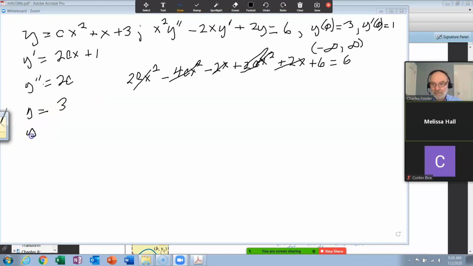Let's do our y prime at 0: 2 times c times 0 would be 0, plus 1, that would be 1. That works. It looks like everything works like a charm. It does appear that for any arbitrary parameter c, this will work.